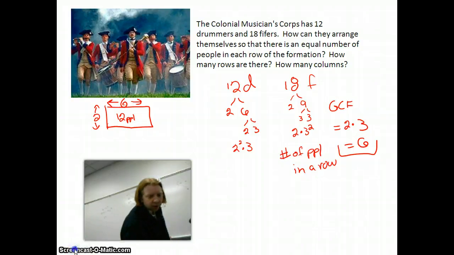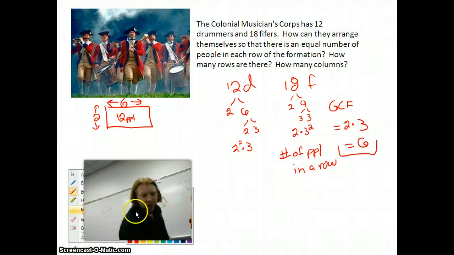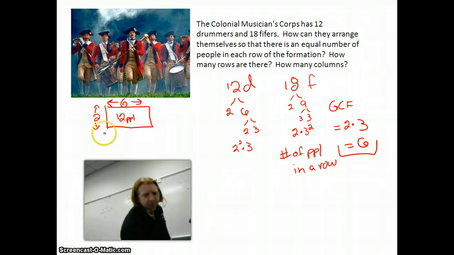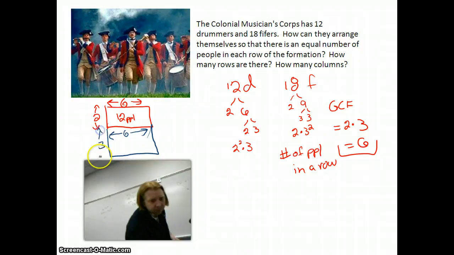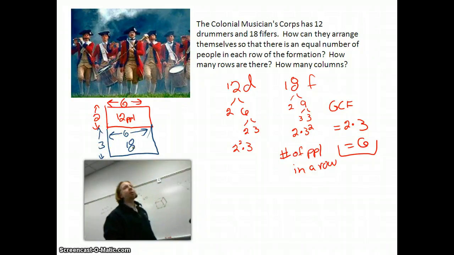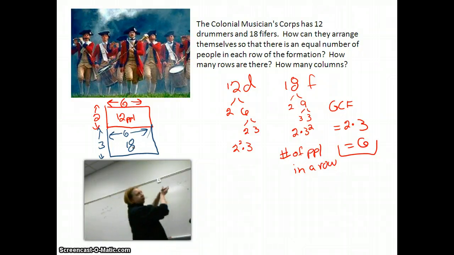So now when I go to the next group, let's put the fifers behind them. Probably should do it the other way around, but it's too late now. I've committed. They're also going to be 6 wide, right? Because that's the goal: have that part of the formation still be 6 people wide. How deep is that? 3, for a total of 18 guys. So my overall formation is how big? 6 columns, 5 rows of people.